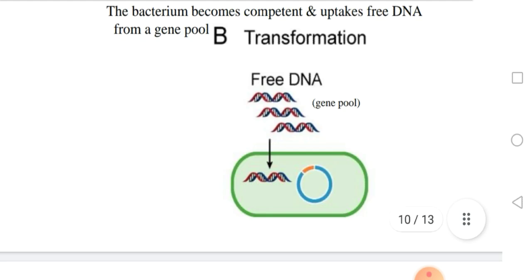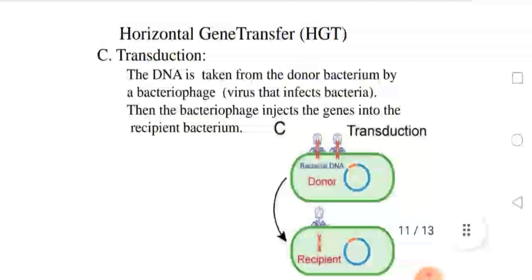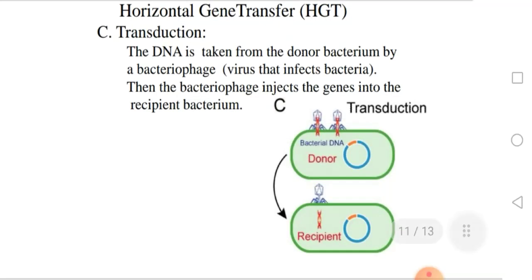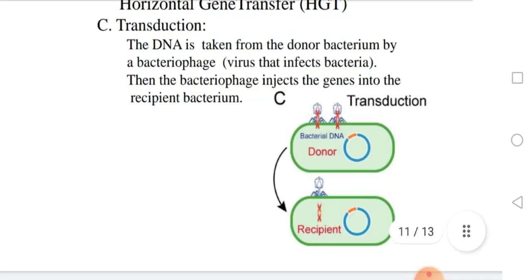Transduction. The DNA is taken from the donor bacterium by a bacteriophage. Bacteriophage is a virus that infects bacteria. Then the bacteriophage injects the genes into the recipient bacterium, as you see here in the picture.